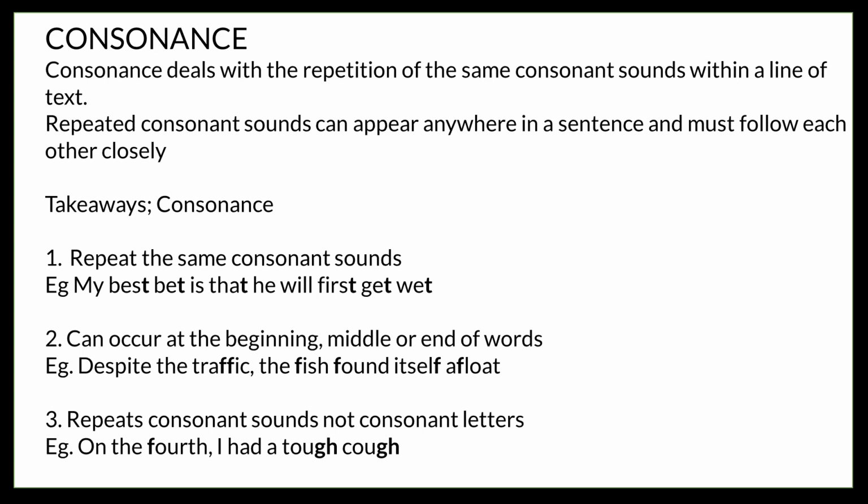In this line, we can observe that the position of the consonant sounds didn't really matter. The F sound first occurred at the middle, at the beginning again, and then at the middle. So you see, it doesn't matter where in the word the sound is produced. What is required is that the same consonant sounds are repeated in quick succession.